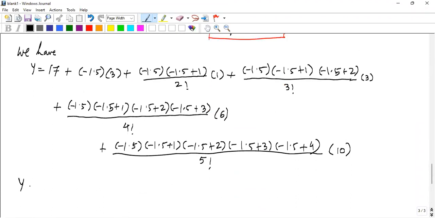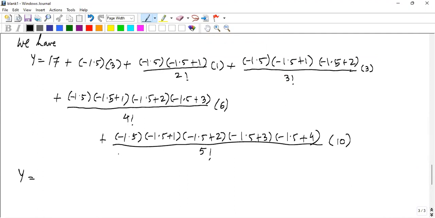Now simplify. So y is equal to 17 minus, so is that 4.5? Okay, so here what do we have? This will be minus and this will be minus. I'll write it. So this is minus 1.5, this is minus 0.5 into 1 by 2 factorial, so it is going to be 2.